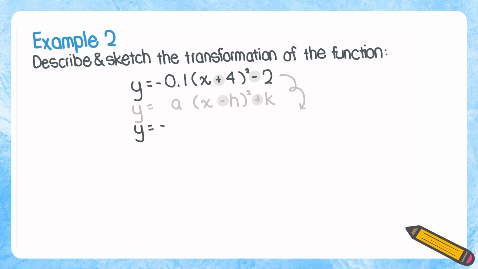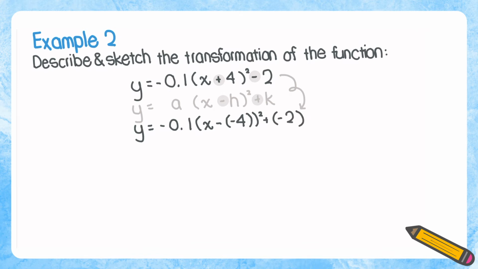y equals negative 0.1 times x minus negative 4 quantity squared plus negative 2.